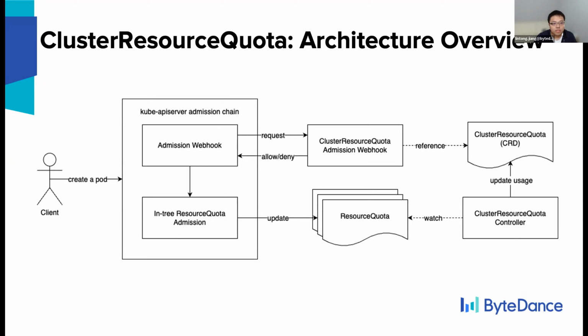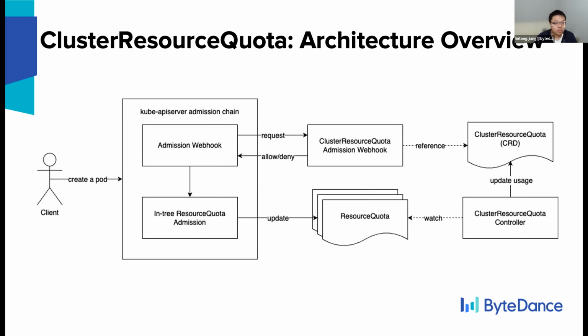If the request is allowed by the admission webhook, it goes through the in-tree resource quota admission, which will admit and update the resource quota usage. That is just built-in logic. After that, the resource quota controller reconciles the quota and recalculates the usage to provide the source of truth.